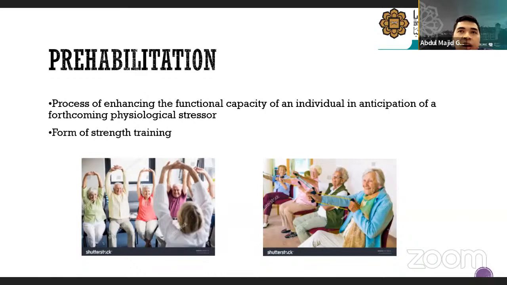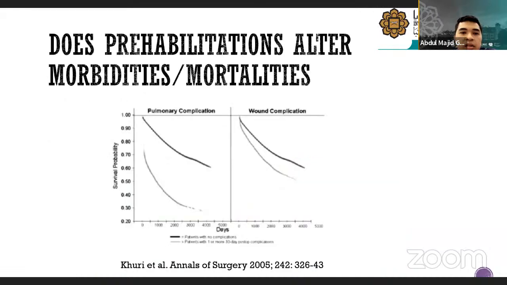It involves individual muscle strengthening, not only respiratory function, but also mobility, mobilization, eating and everything, because this will eventually help the functional recovery of the patient.